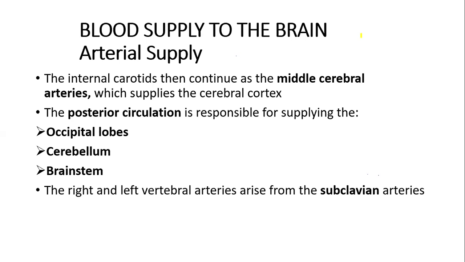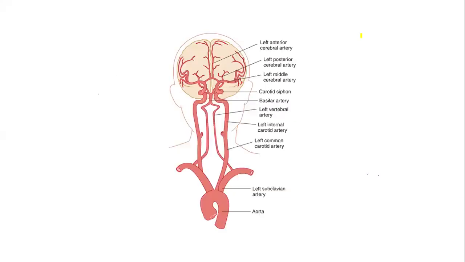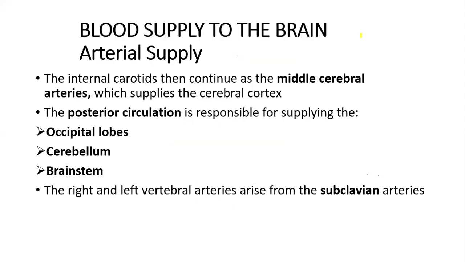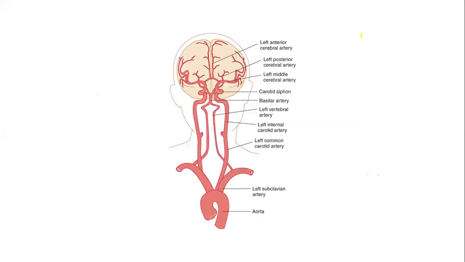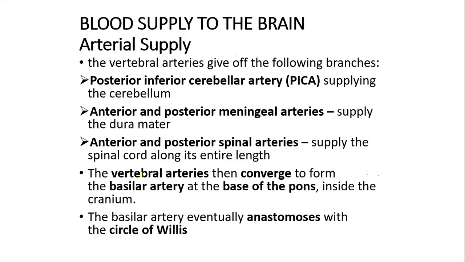The right and the left vertebral arteries arise from the subclavian arteries. The subclavian artery is found at the shoulder. The vertebral arteries take blood to the brain.